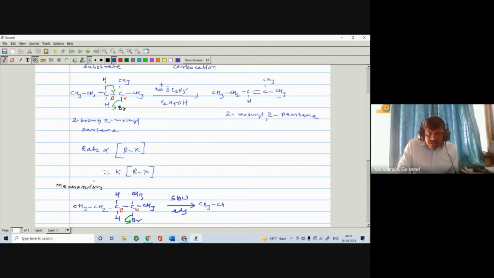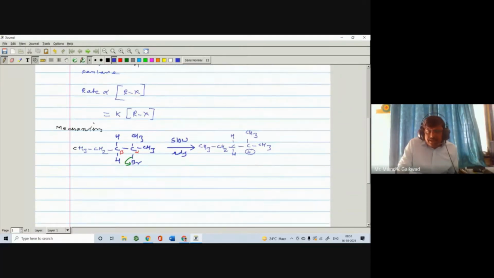CH3, here is the CH2, C, H, H, and you are getting the corresponding carbocation. Here is a carbocation, right?